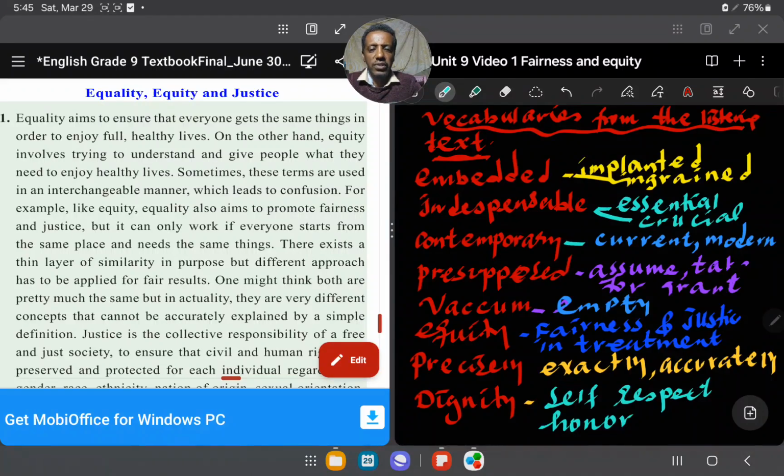Equity means fairness and justice in the treatment. ምንድነው? equality means treat someone else equally እኩልነት እንደማለት ነው። equity ደግሞ fairness and justice ፍትሃዊነትና impartiality እንደማለት ነው። አጠቃላይ equity means impartiality ሁሉንም fairness and justice equally treat ማድረግ ማለት ነው። Precisely, that is shortly ሊሆን ይችላል። exactly, accurately የተመጠነ እንደማለት ነው። Dignity, self-respect or honor.